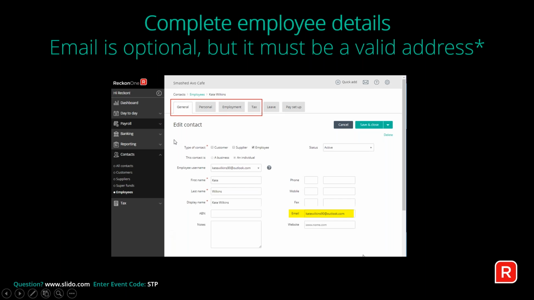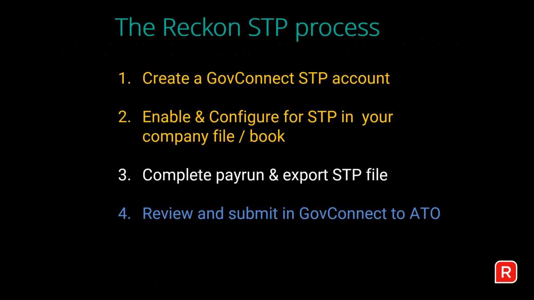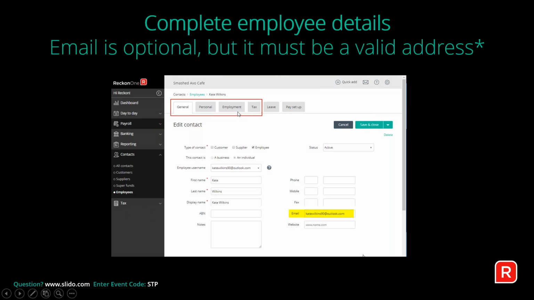You also need to check the employee details, so just ensuring that you've got the correct details for the employee. Just one thing to note as well, under the employment tab, that's where you'll be able to generate an employee number next to that employee as well.